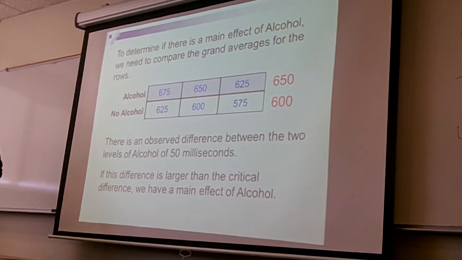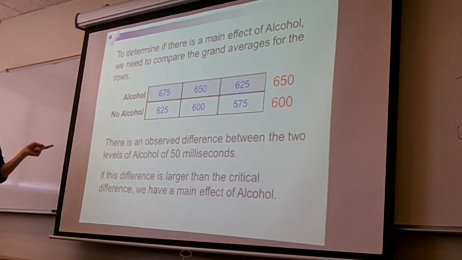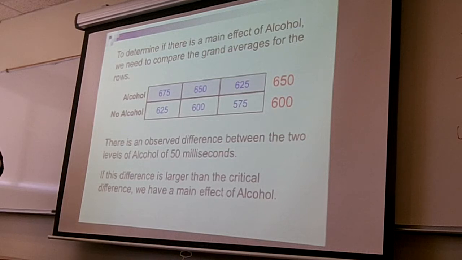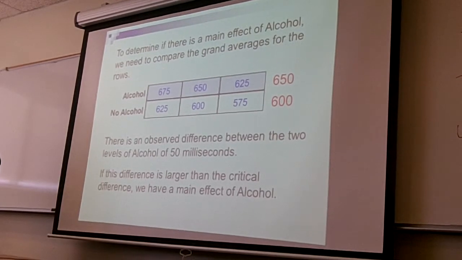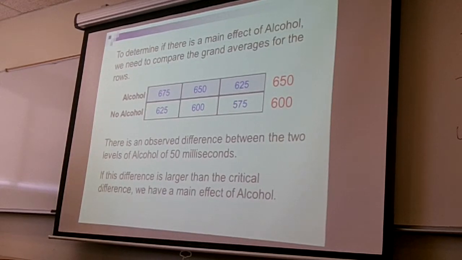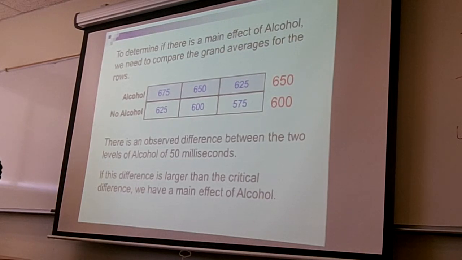So if we were doing this just by itself, if all we were looking at was alcohol, we'd be running a t-test here. We'd be comparing the mean for people who had alcohol to the mean for people who had no alcohol. And we look to see if it was statistically significant. And if the difference was statistically significant, we'd say, yep, we've got a main effect of alcohol.